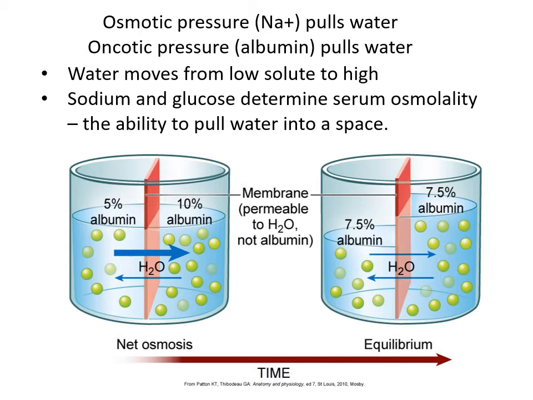Okay, oncotic pressure is the movement of water back into the capillaries because albumin and other large proteins never left the blood vessels.